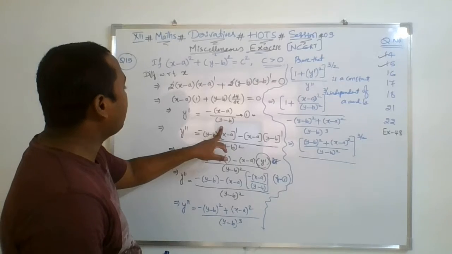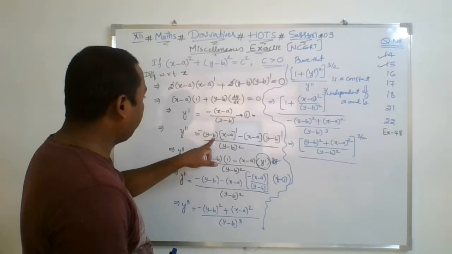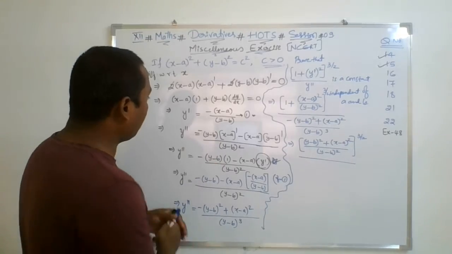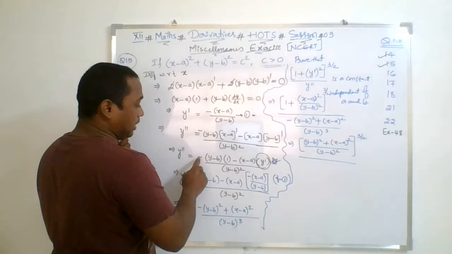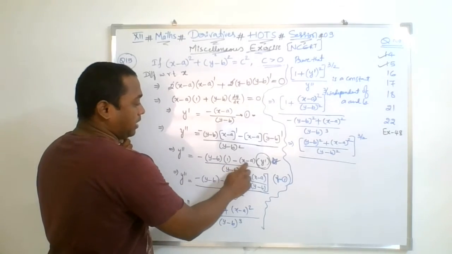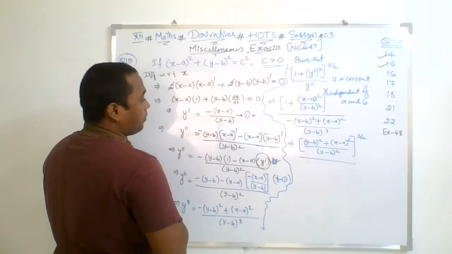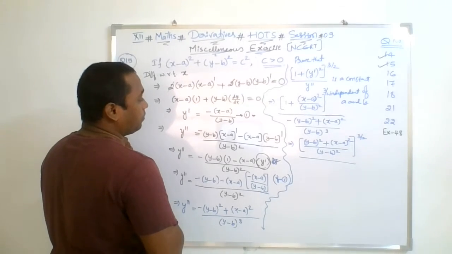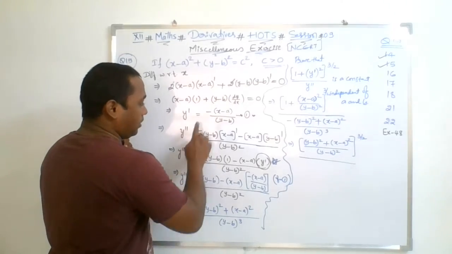Yeah, then only the factor comes like minus 1, minus (x minus a) into (y minus b). Yeah, positive. It has become positive. This is adjustable.